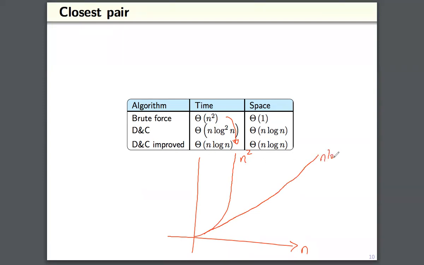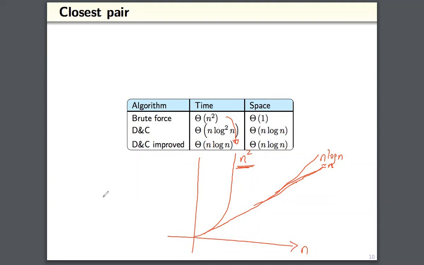N log n is like n, very near to n, but maybe slightly higher than that. N log n is approximately similar to n, you can think, but multiplied by log n is a tiny factor. But look at n squared. N squared grows like this. So the improvement is vast.